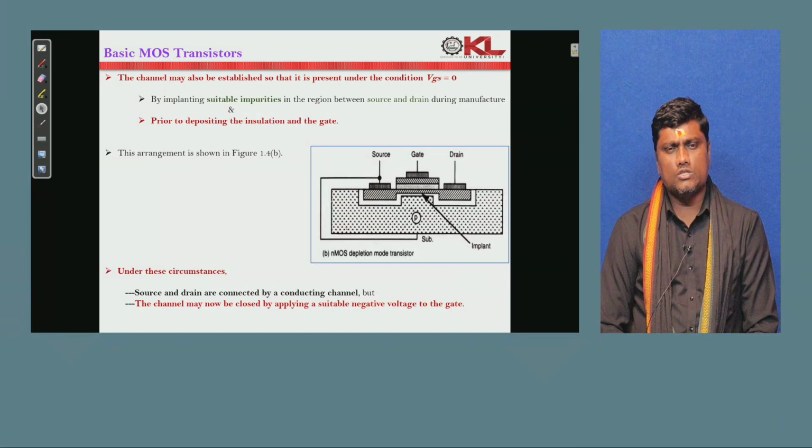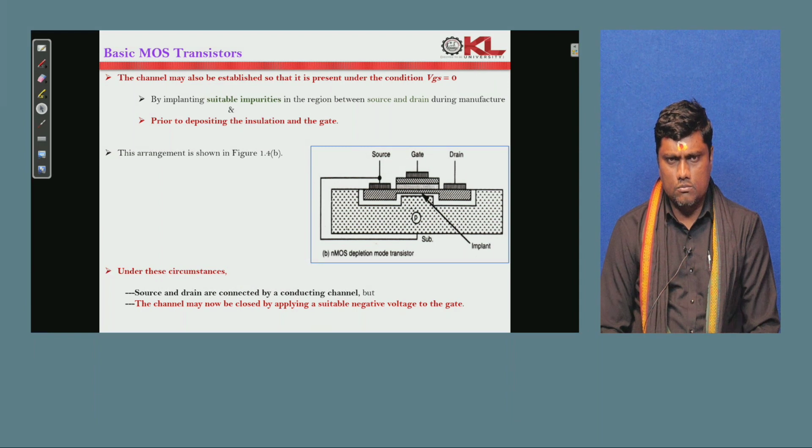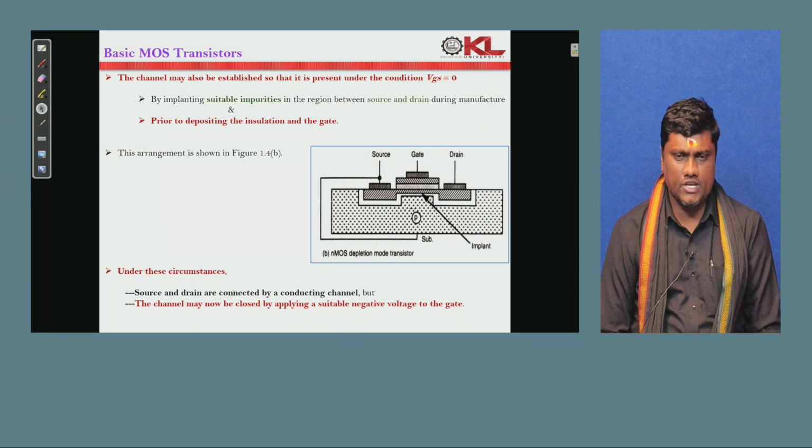By implanting suitable impurities in the region between source and drain during the manufacturing process, prior to the deposition of the insulation and the gate, we can have another type of transistor, the depletion mode. In the depletion mode, we have a channel which is inbuilt, that is, made by fabrication.